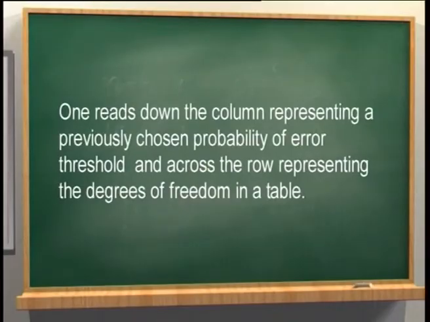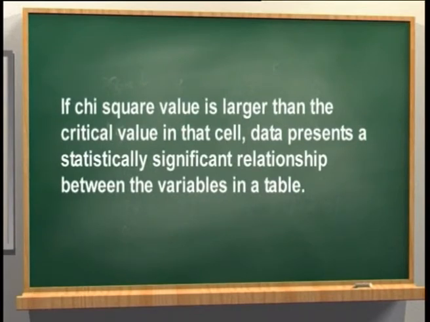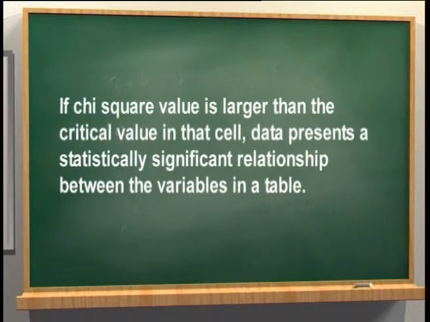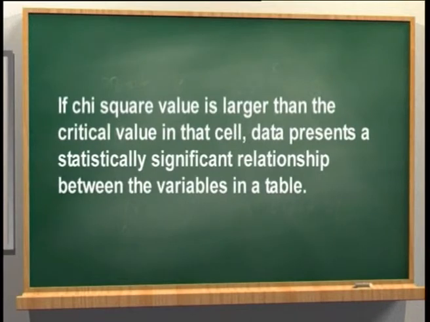In a statistics book, the sampling distribution of chi-square, also known as critical values of chi-square, is typically listed in an appendix. One reads down the column representing a previously chosen probability of error threshold and across the row representing the degrees of freedom in a table. If the chi-square value is larger than the critical value in that cell, the data present a statistically significant relationship between the variables in a table.